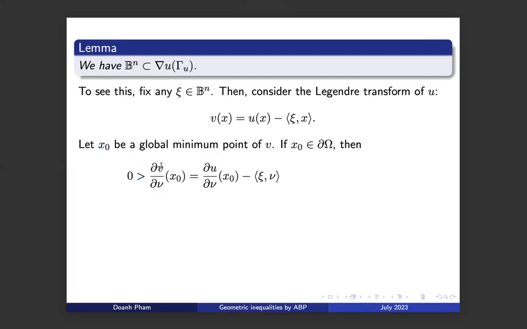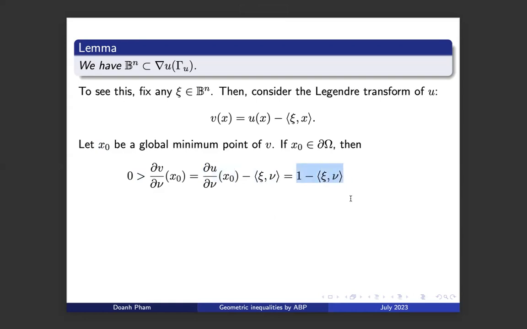Then by the equation of V, we can compute the normal derivative of V, which is the normal derivative of U minus the inner product between psi and the outer unit normal vector. By the equation of U, the normal derivative on the boundary is 1.